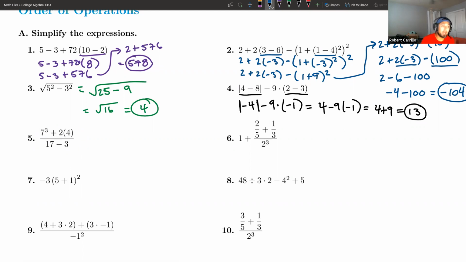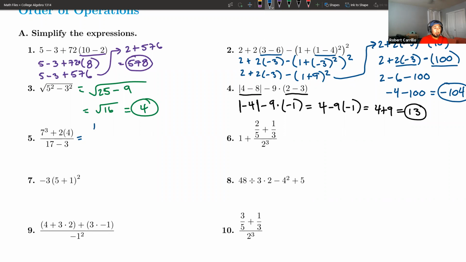Okay, with that being said, does anybody know what 7 cubed is? 343, because remember 7 cubed means 7 times 7 times 7.